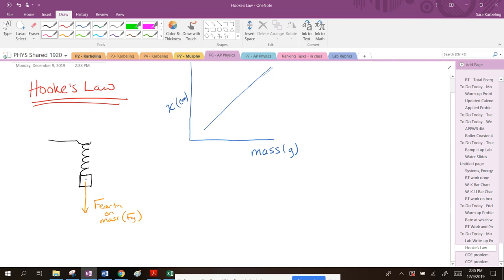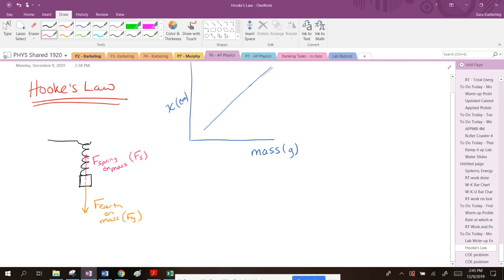Absolutely it is. Force of the spring on the mass. If you want to call that a tension force, you absolutely can. I'm just going to call it F sub S, or you could call it F sub E for elastic if you want to. Okay, I'm going to go ahead and just leave F sub S.